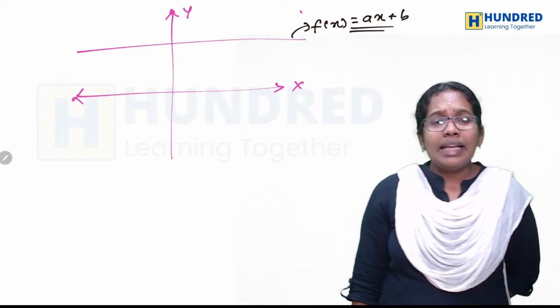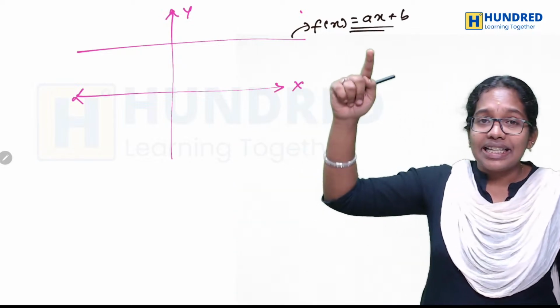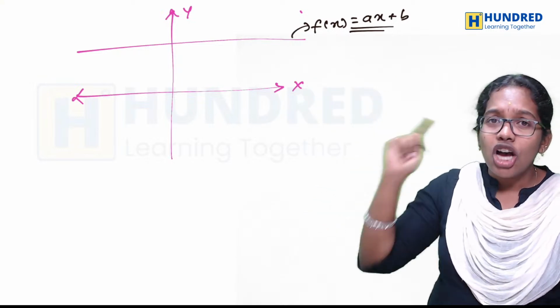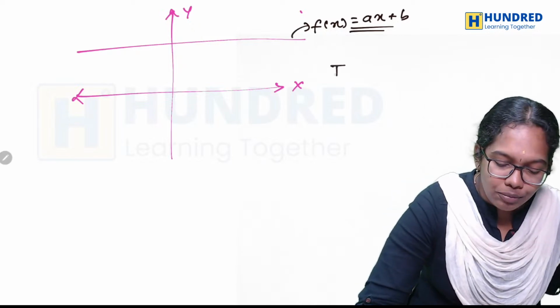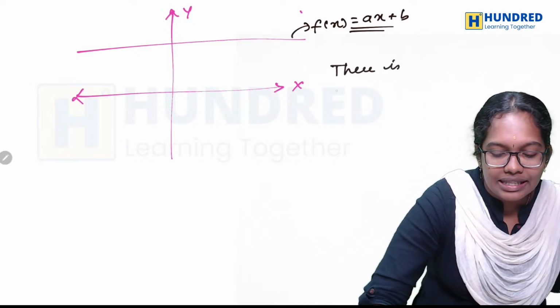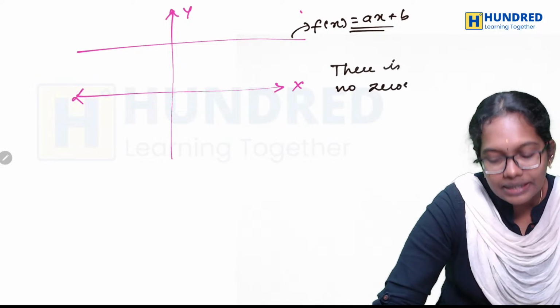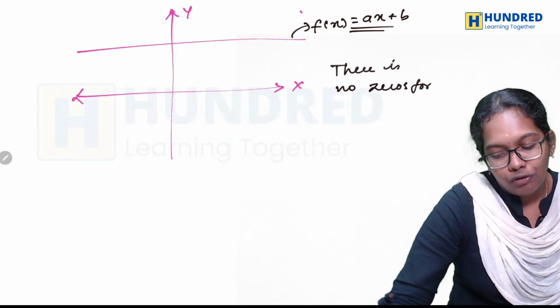If this straight line is not intersecting the x-axis, right? Then there will be no zeros for f of x.